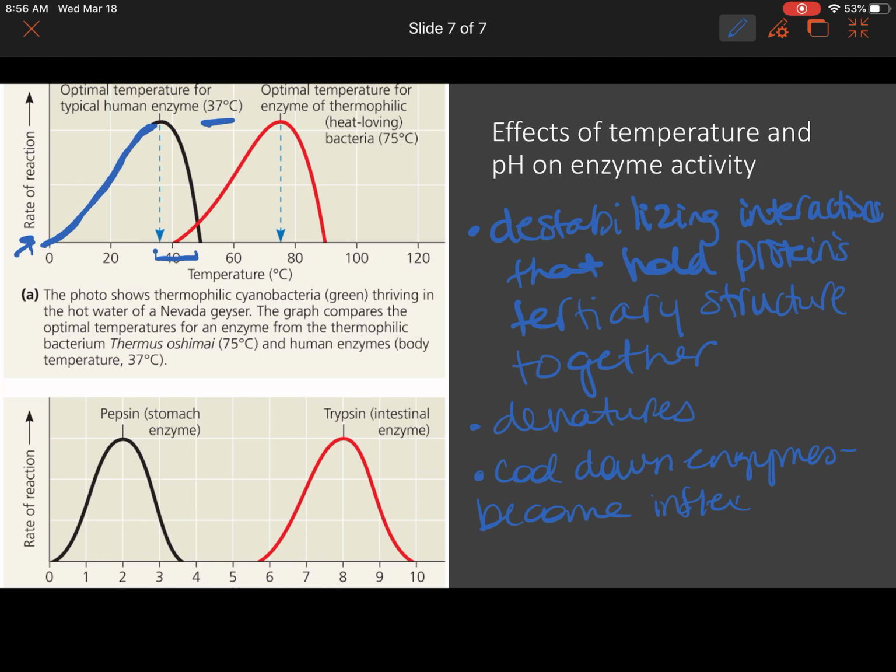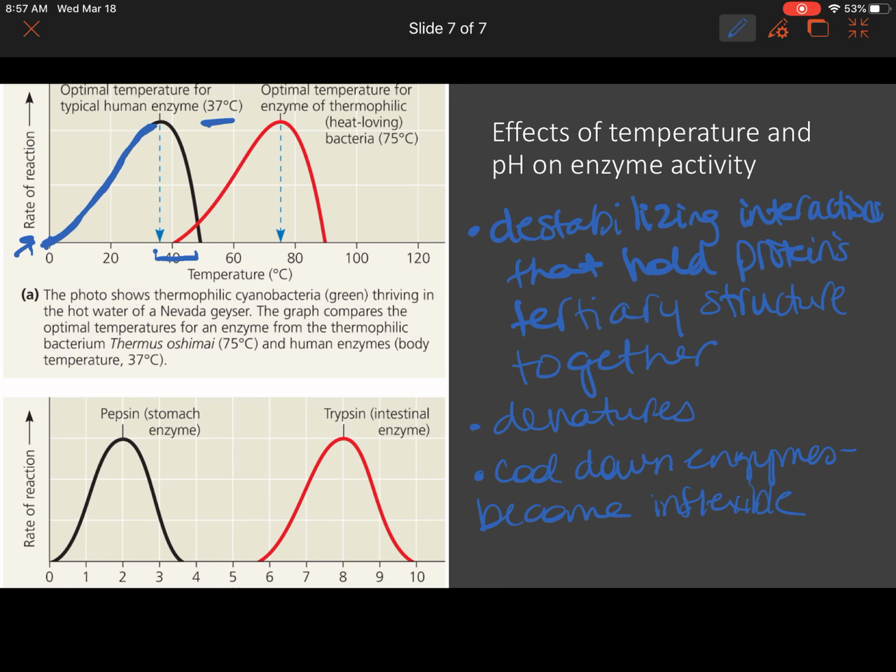If they are inflexible, what can't they do anymore? They can't induce their fit around the substrates, so they can't do their jobs. And so the rate of the reaction that they're catalyzing goes way down, okay? If you warm them back up, they'll regain their activity.